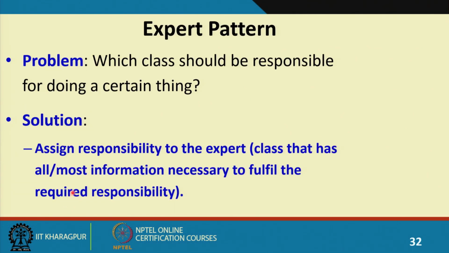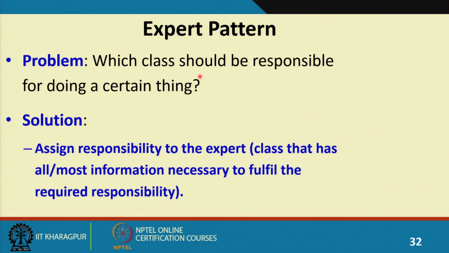Now, let us start with the expert pattern, one of the simplest patterns, but widely usable. The problem that this pattern addresses is which class should be responsible for doing a certain thing. That is, we have something to be done, maybe while doing a use case analysis.